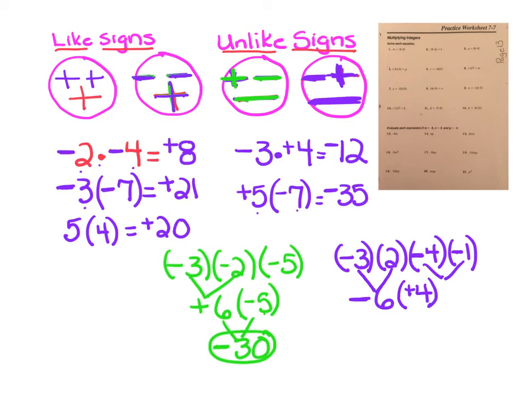These are different signs. So let's think about the Margar rules. Negative times positive gives us a negative result. The signs are different in each factor. Here we get a -6 times 4 is 24.